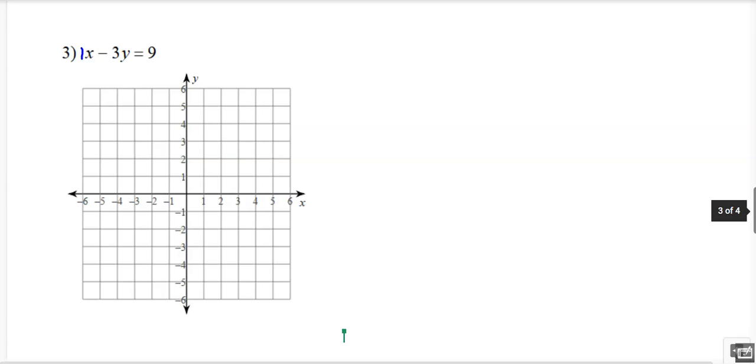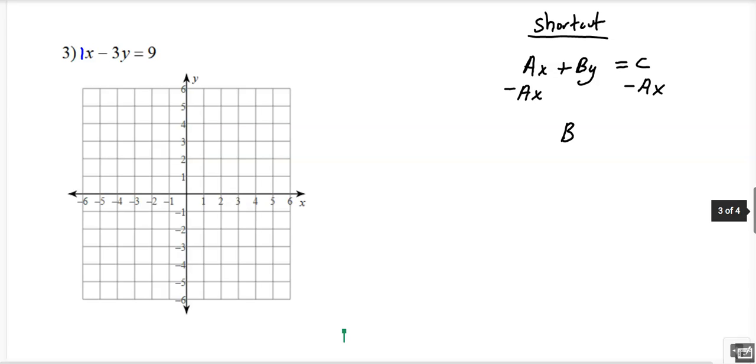But a little shortcut to give you here is, anytime the equation's in ax plus by equals c, anytime you want to solve that, you're going to subtract that term to the other side, which is going to leave you this. And then you're always going to divide by what's in front of y, which is that.